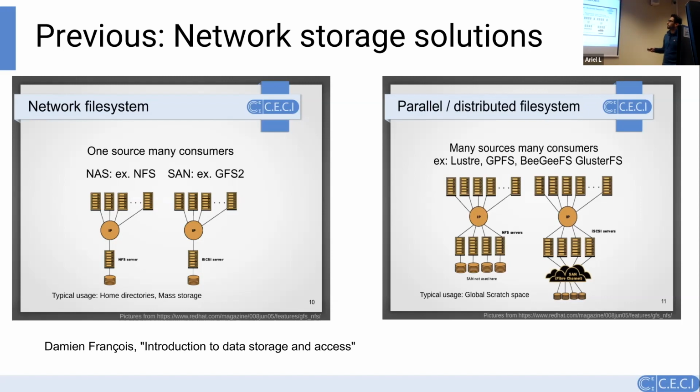And then there's another paradigm for providing storage accessible via the network, and this is the other big group, without going into the details of the different kinds of setup that we can have. In what we call a parallel or distributed file system, I still have a file system exported via the network that I will see as a single namespace.